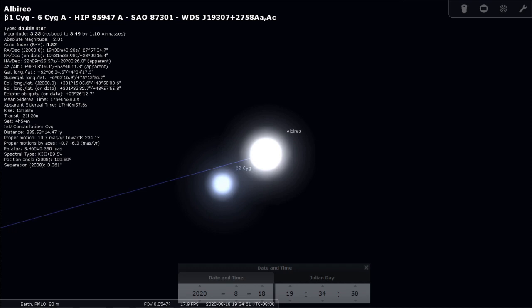It actually is a bit redder than our own sun, and it is really great to contrast the color of the A star with that of the B star over here. The B star is actually a type B star, which is a much hotter, bluer star. It is substantially hotter than our own sun, and that is what makes it bluer.